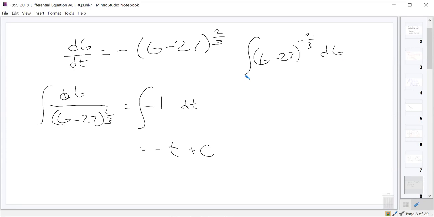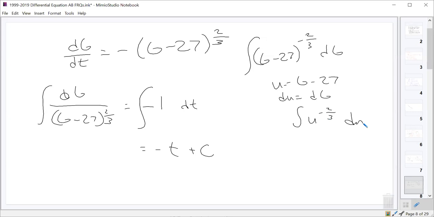well, we're going to do a u-sub, which is the chain rule in reverse, but yeah, we can just use the power rule once we do the u-sub, right? The u-sub is going to be u equals g minus 27. du is dg. So really, I just got an integral of u to the -2/3 du. Right, and so what's the integral of u to the -2/3?